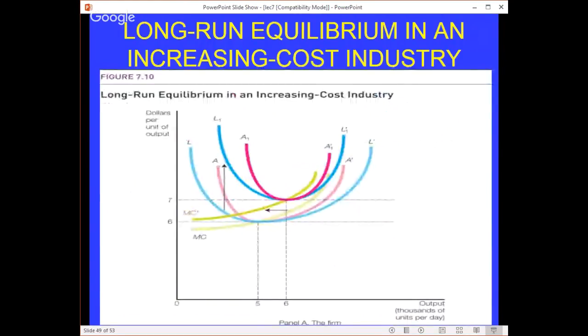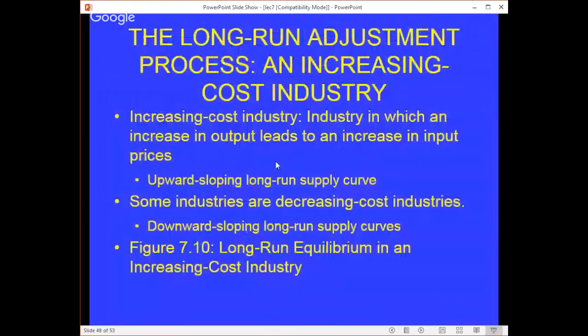As we saw in the bullet point, some industries are decreasing cost industries, i.e. when the demand increases, price will increase, but then input prices will come down, and supply increases even more, and prices decrease, and what you get is a downward sloping long-run supply curve, which is very hard for our equilibriums.